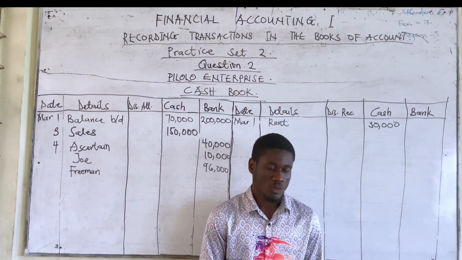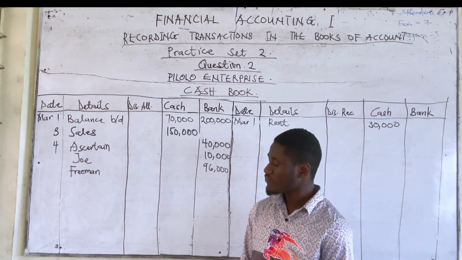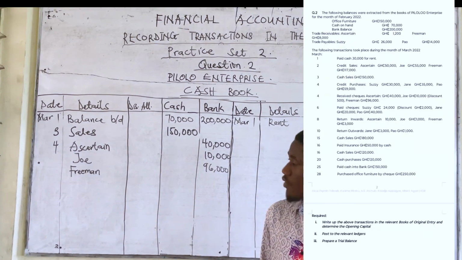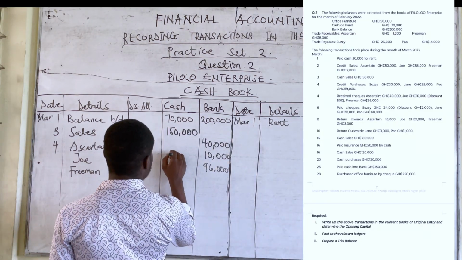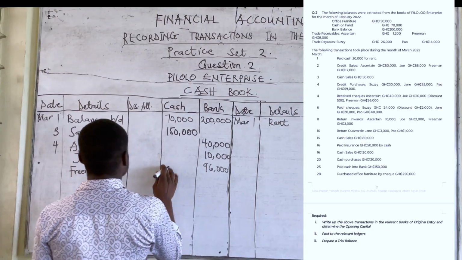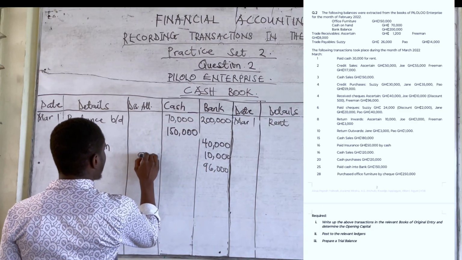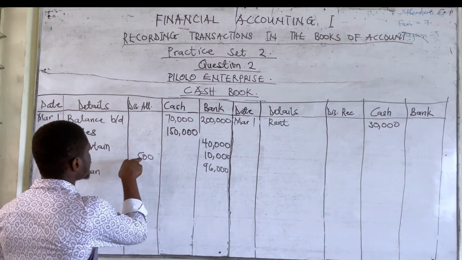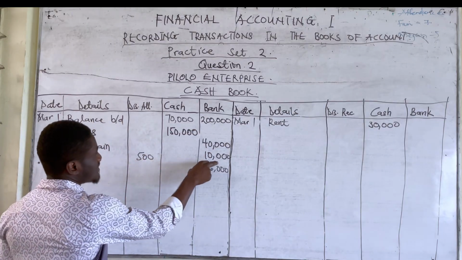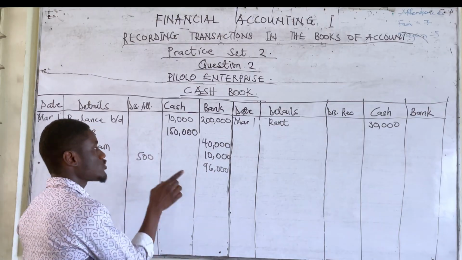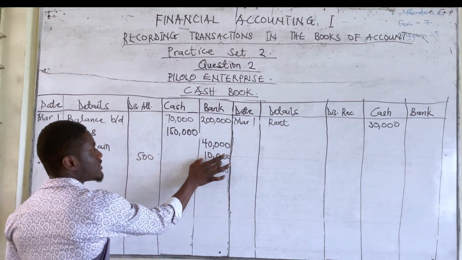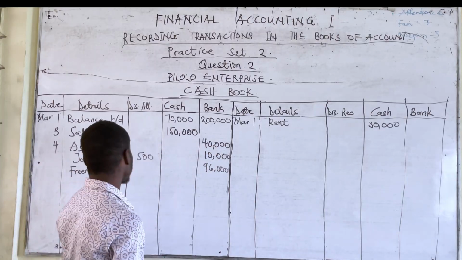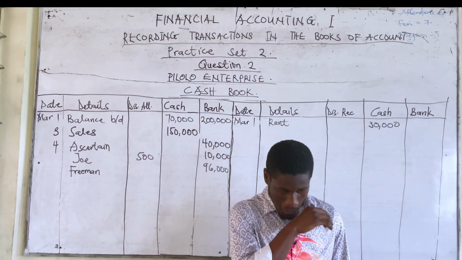So now we will just record the discount there. That was Joe, 500. That means Joe was to pay 10,500. When we deducted from it already, he paid 10,000, and the discount we allowed to Joe was 500.